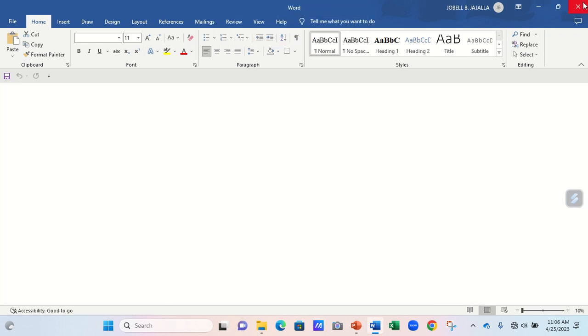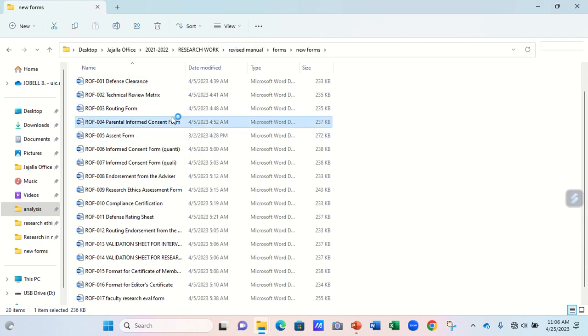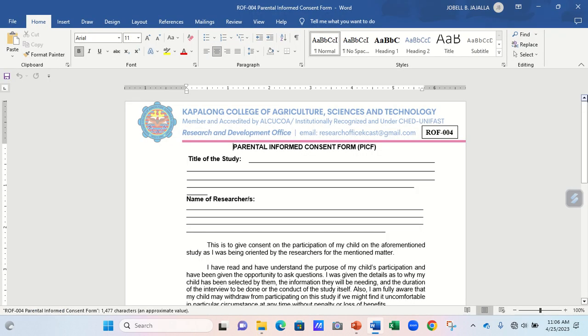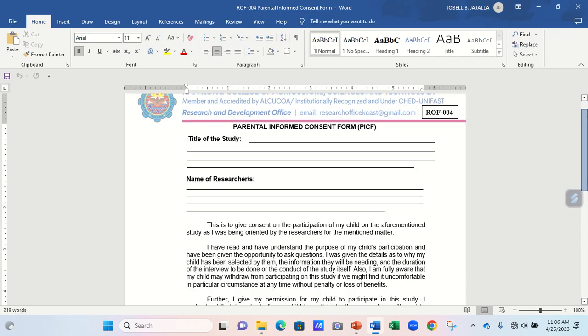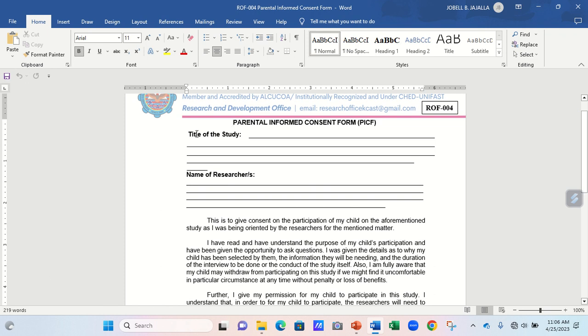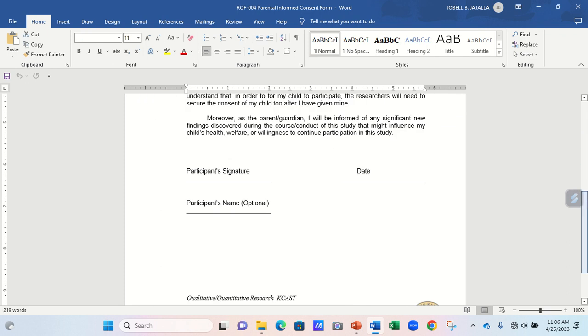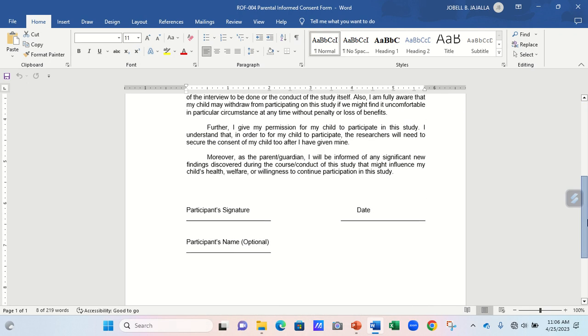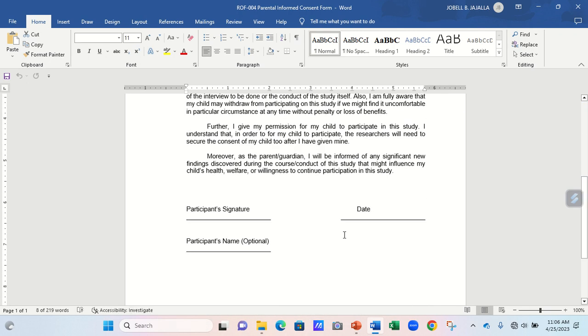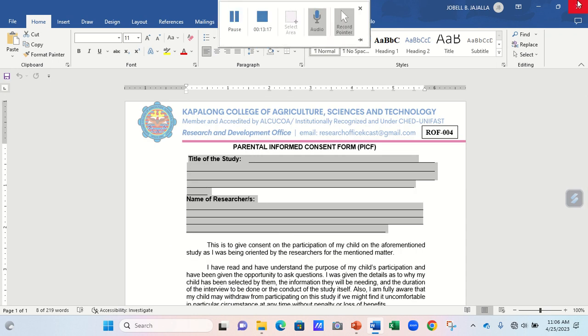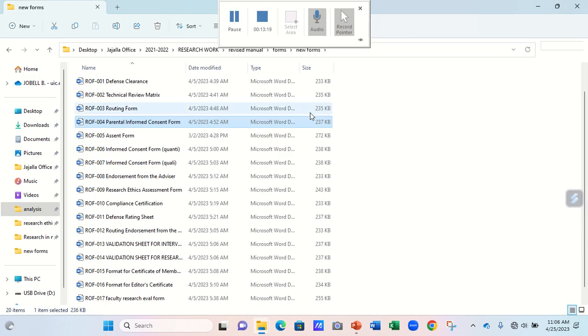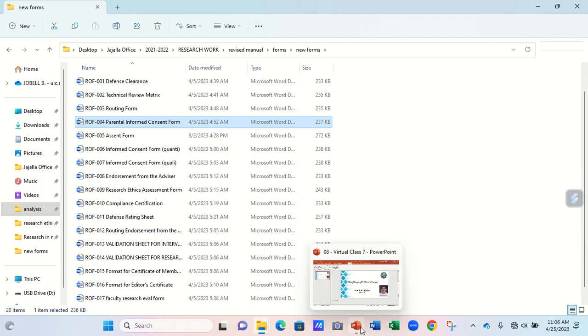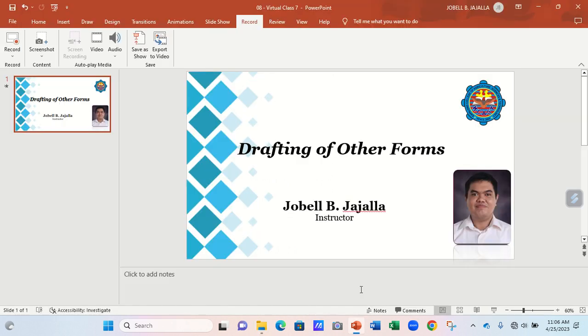And for the parental informed consent form, all you have to do as well is fill out the title of the study and the name of the researchers. The fields below are not part of your responsibility, but the responsibility of the parents of your participants. So I guess that is all for the forms, class, that we need to append and attach to our ethics compliance certification.